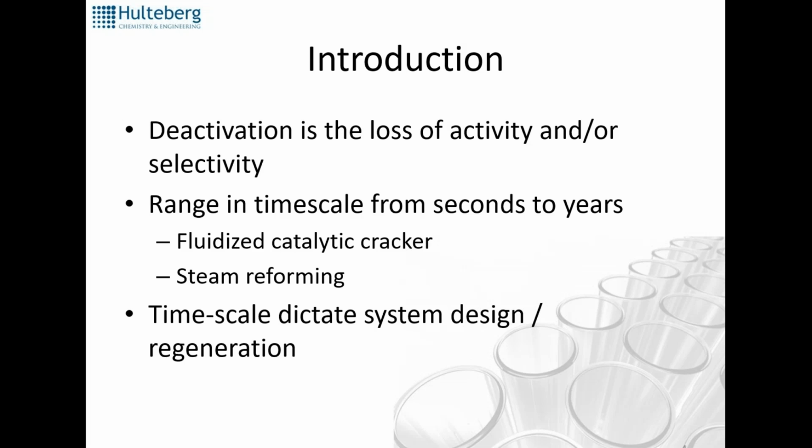And that's also why we do it in fluidized mode. Steam reforming for hydrogen generation would, on the other hand, only require replacement every 3 to 5 years, something like that. So depending on how fast your deactivation is, you actually choose how to design your system.